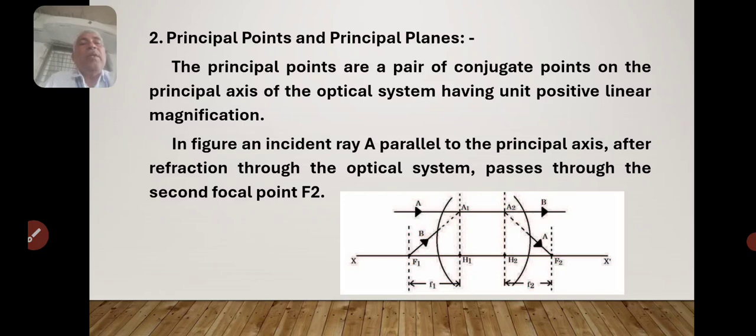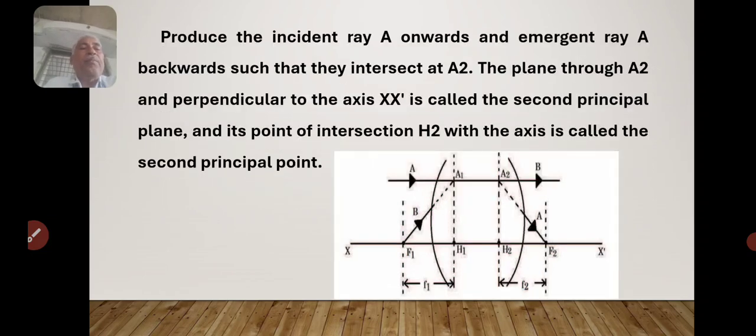The principal points are the pair of conjugate points on the principal axis of the optical system, having unit positive linear magnification. In the figure, an incident ray A parallel to the principal axis, after refraction through the optical system, passes through the second focal point F2, as shown in the figure.